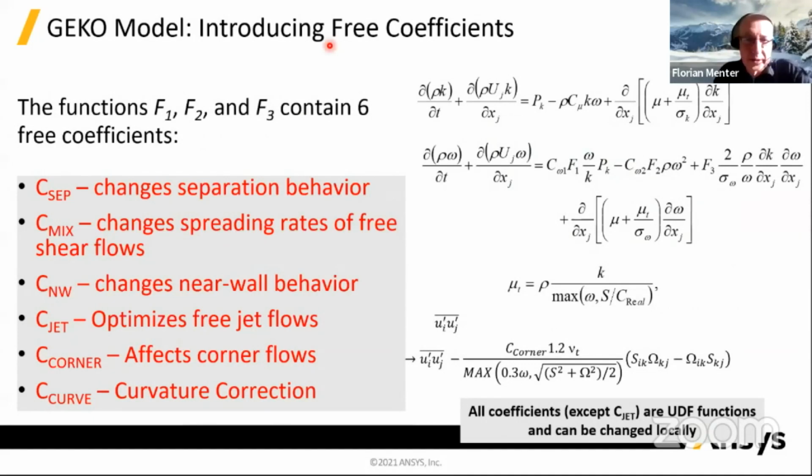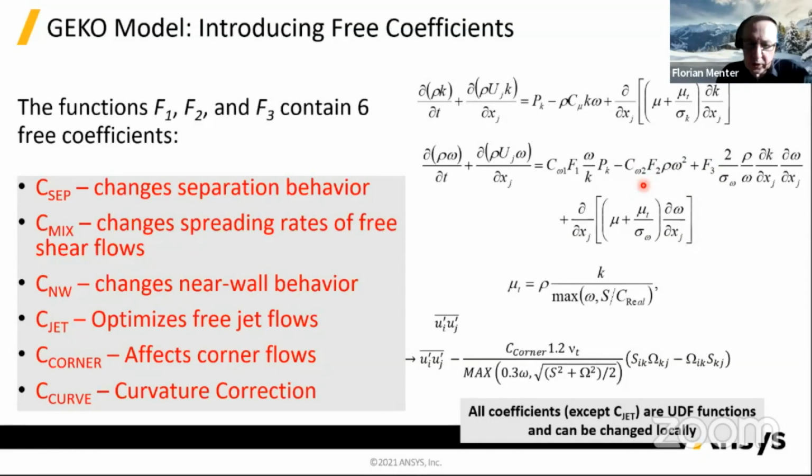In order to address that issue, we started out defining a new family of models, which we call generalized K-omega or GEKO models. Formally, the model is a standard K-omega model, as you see here, but the model has some additional functions, F1, F2, and F3.